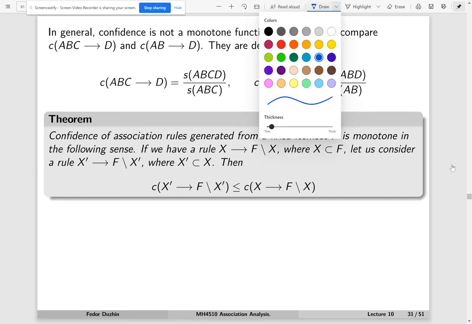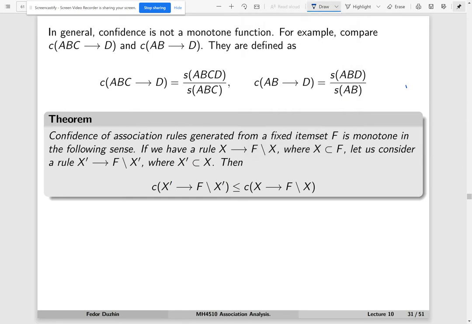Let me prove this little theorem. If X prime is a subset of X, it means that the support of X prime is bigger than or equal to the support of X.